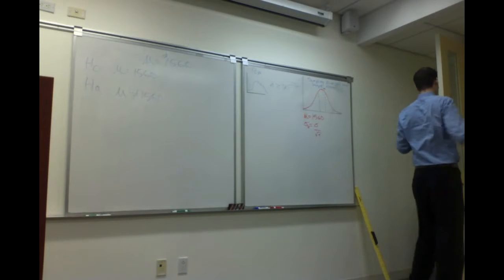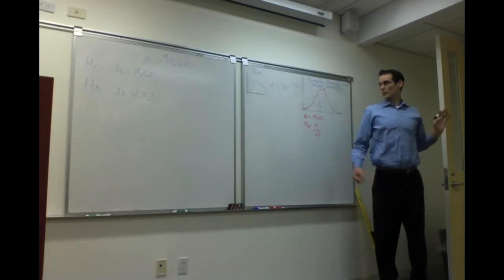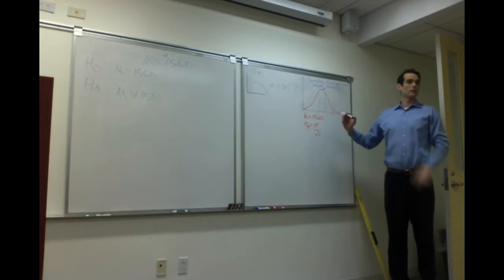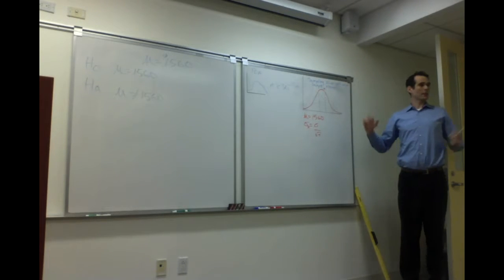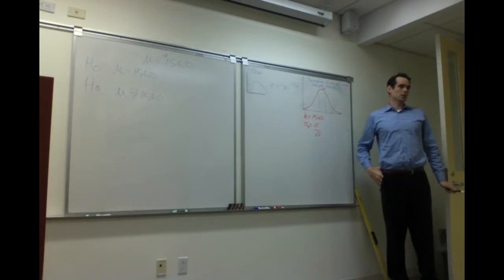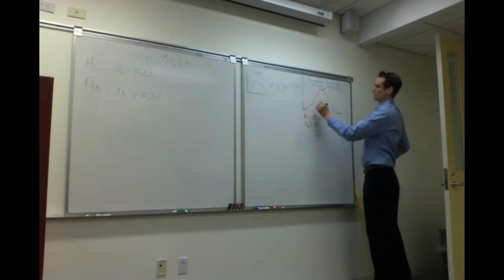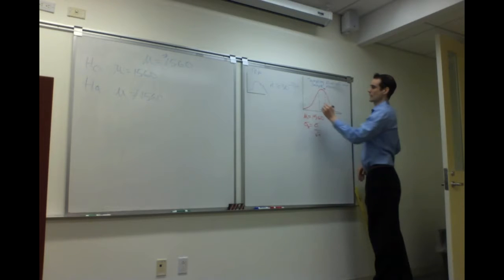Yes, exactly. Hey, come on in. Yes, we know that. 68.3% of the data will fall within 1 standard deviation. How about within 2 standard deviations? 95.5. Yes. And 3 standard deviations is like 99.7.